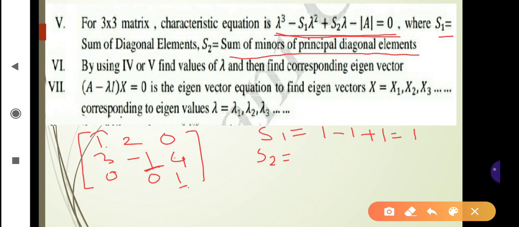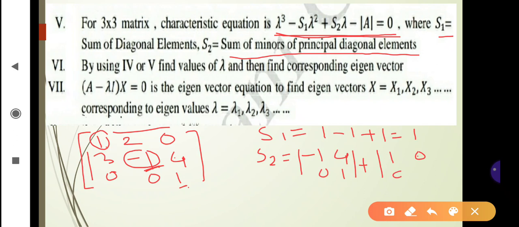The minor of the first element is what we get by skipping the first row and first column, that is the determinant of minus 1, 4, 0, 1. The minor of the second element, minus 1, skipping the second row and second column, is the determinant 1, 0, 0, 1.